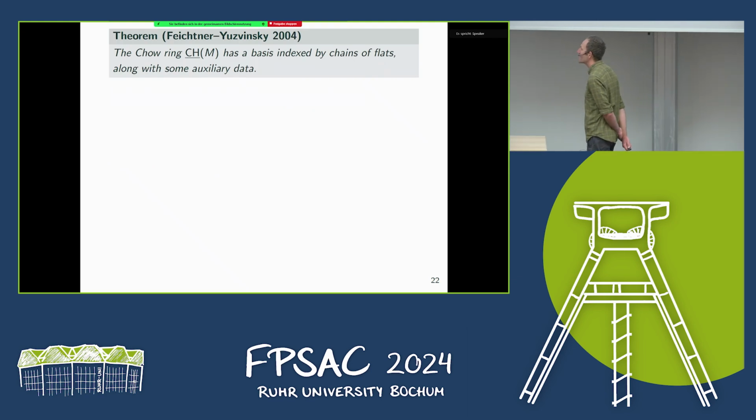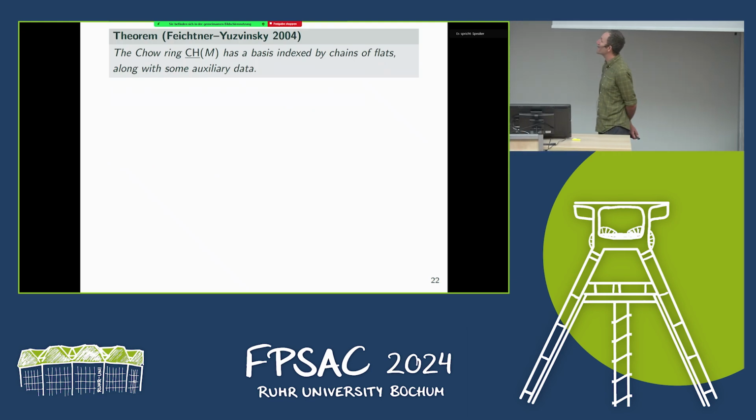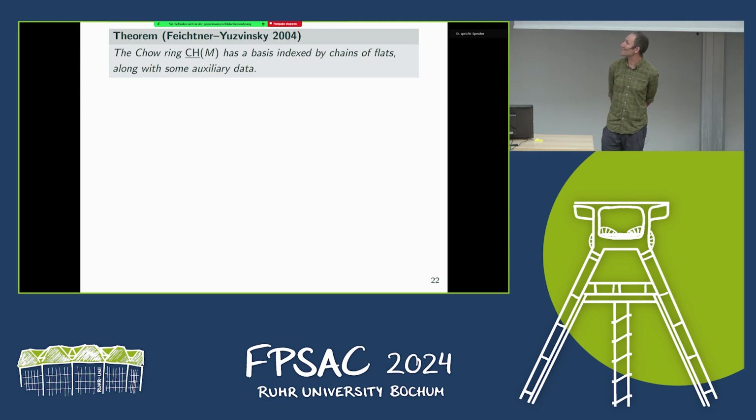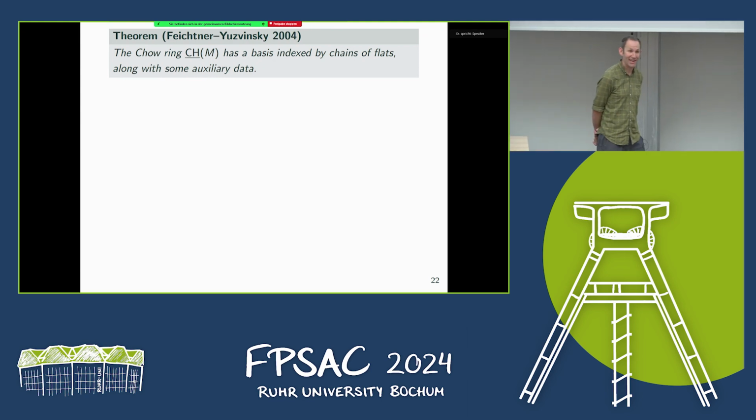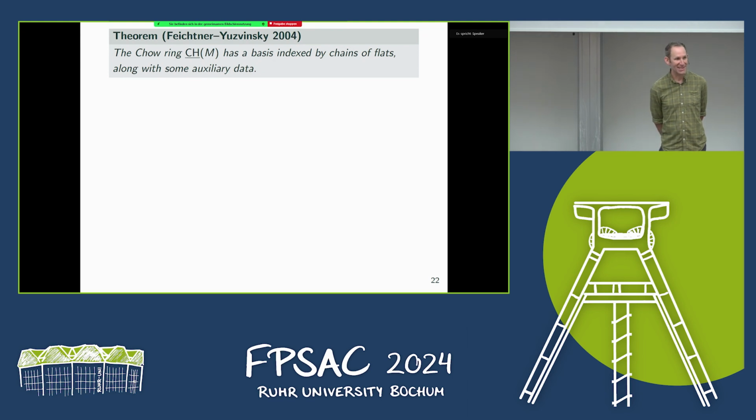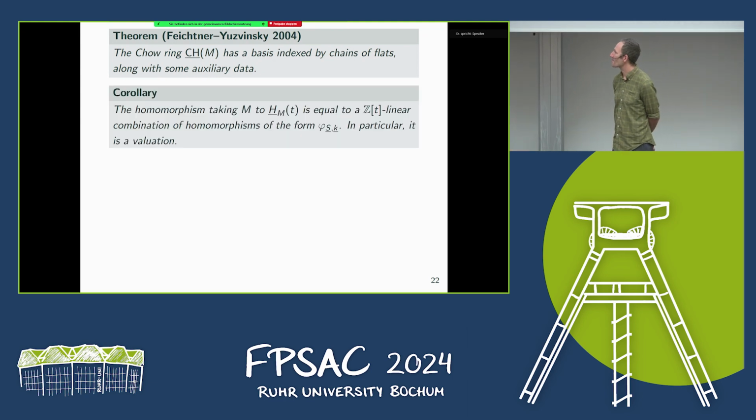And there's a really nice basis for this Chow ring given by Feichtner and Yuzvinsky, which is indexed by chains of flats along with some auxiliary data. And basically, trying not to be too technical, if there's a valuative invariant that can detect and therefore count chains of flats, and if my algebra has a basis given by chains of flats, then valuative invariants can detect the Poincare polynomial of my algebra.